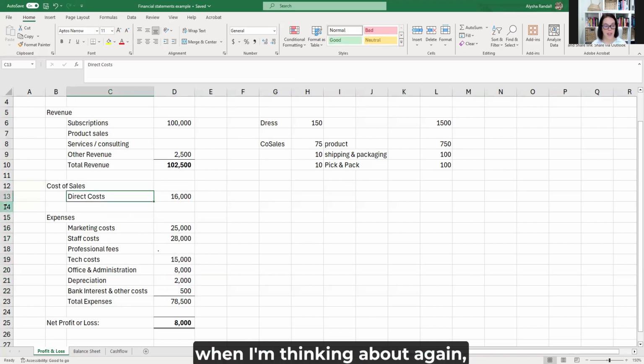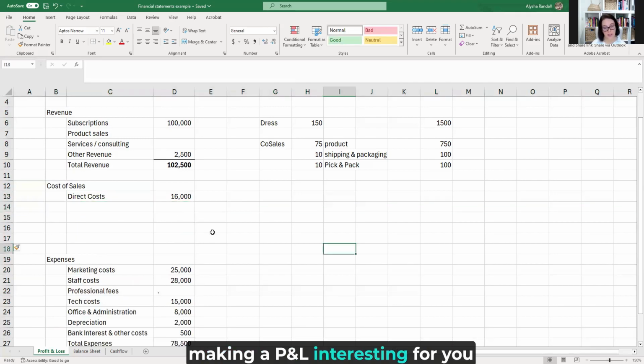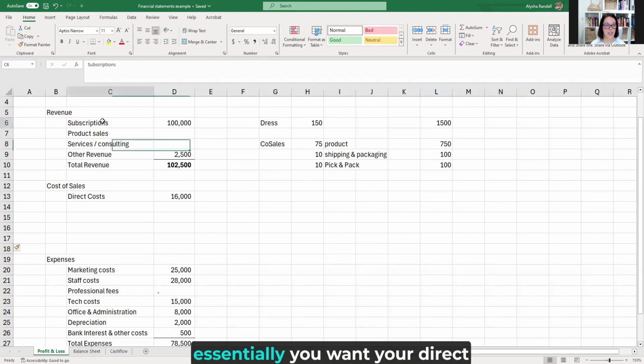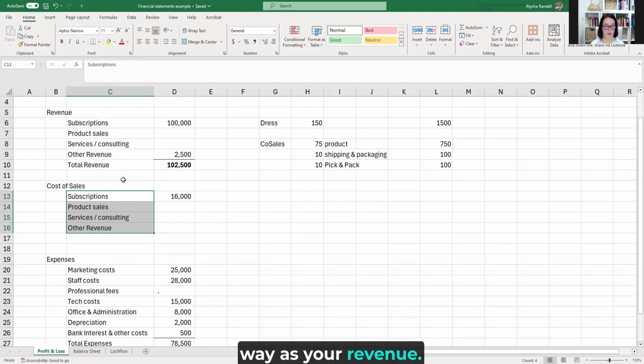Now, when I'm thinking about making a P&L interesting for you, for investors and for the board, and to help you make commercial decisions, essentially you want your direct costs to be split the same way as your revenue.